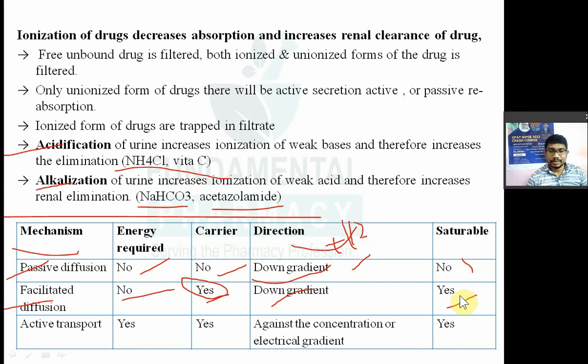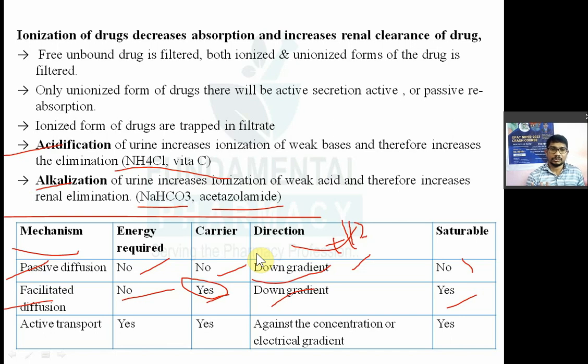Because for the absorption of B complex vitamin, you have certain proteins in your GIT which are responsible for the facilitated diffusion of that vitamin. If you increase the dose, but carriers are limited, only the amount of vitamin B that the available carriers can handle will be absorbed. So therefore it is saturable.